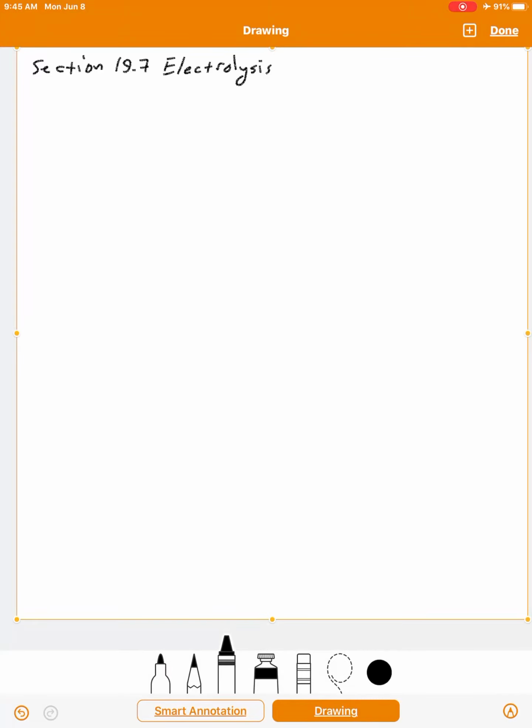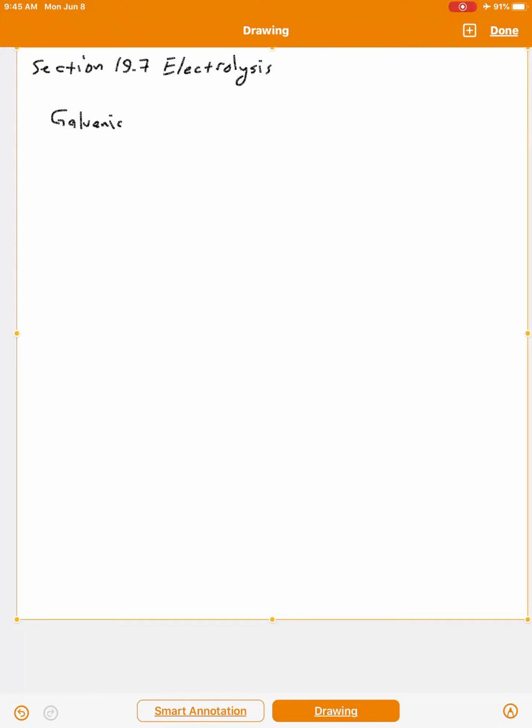Okay, this section is called Electrolysis, section 19.7. In the previous sections that we've discussed in electrochemistry, chapter 19, we've been talking primarily about galvanic cells. Those are reactions that involve spontaneous reactions.